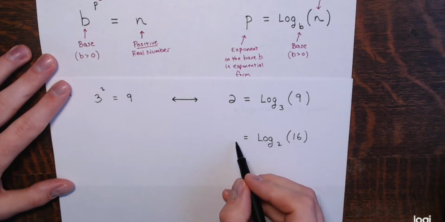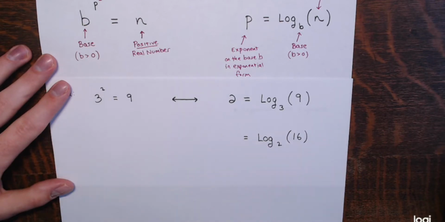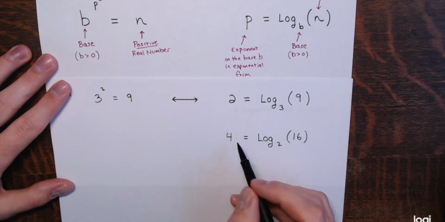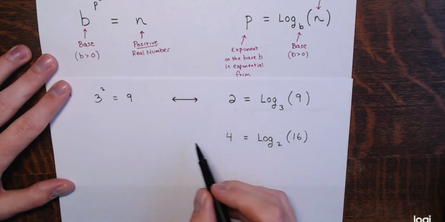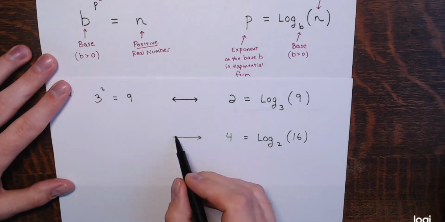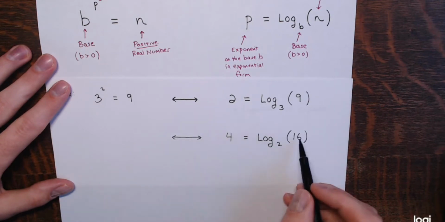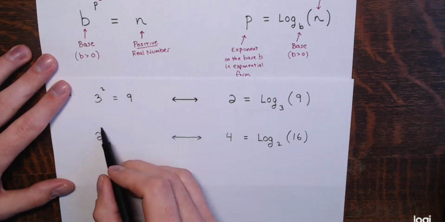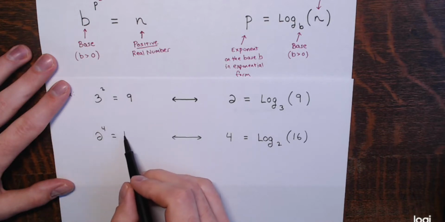Logarithms are exponents. It's an exponent that the base 2 needs to be raised to get 16, and that would be 4. 2 to the 4th power is 16. And again, these are equivalent statements. This is in logarithmic form. This means the same exact thing as 2 to the 4th power equals 16.